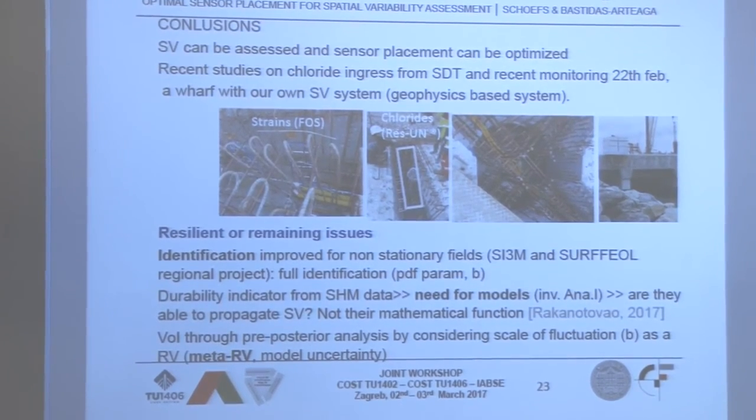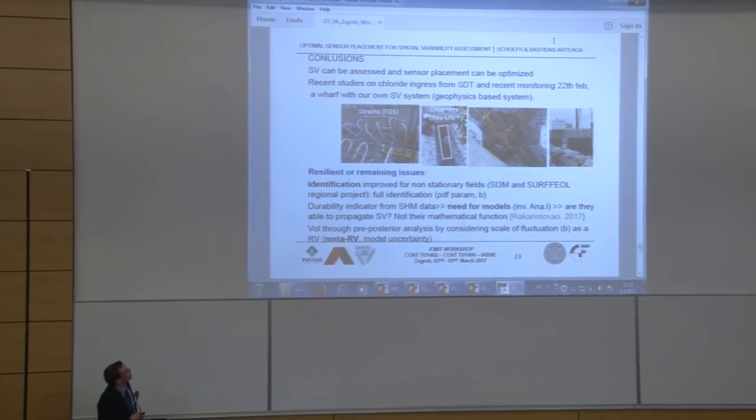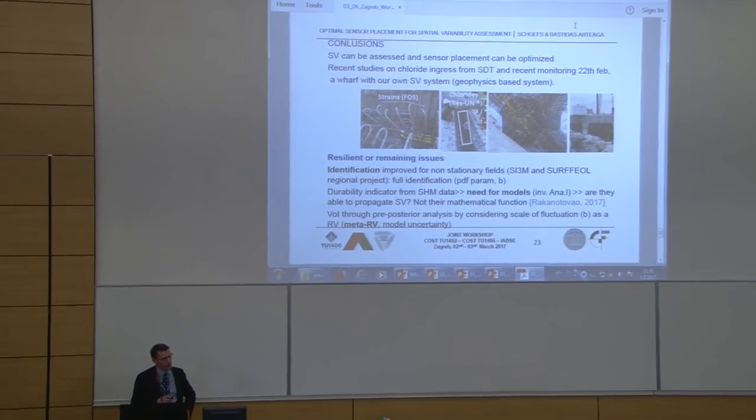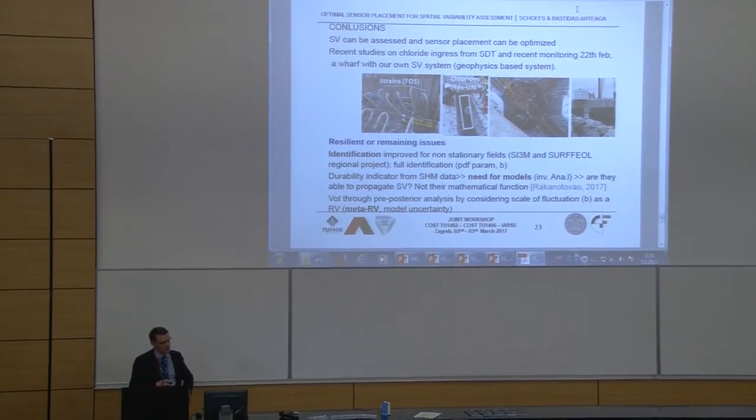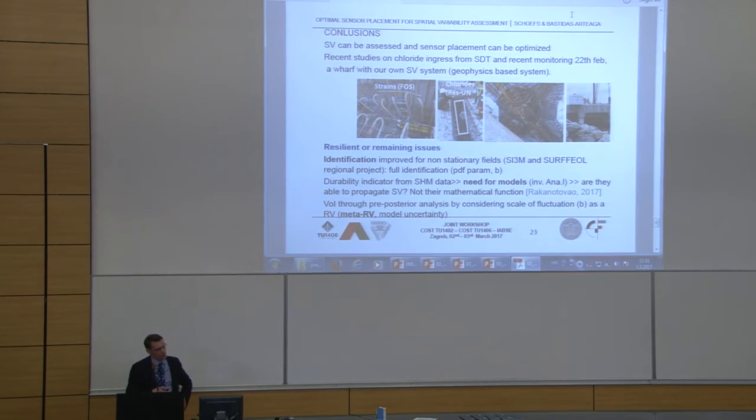So now I arrive at the conclusion. We think that the spatial correlation can be assessed and sensor placement can be optimized for that. Recent studies on providing grades from semi-destructive testing and recent monitoring.